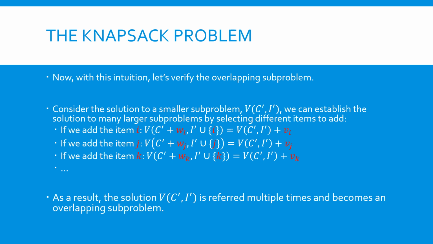And if the added item is k, we'll have V(C' plus Wk, I' union {k}) equals V(C', I') plus Vk. We can observe that the term V(C', I') is common across the right-hand sides of all three equations. It indicates that the solution to the problem V(C', I') can be used to construct solutions to multiple larger problems.